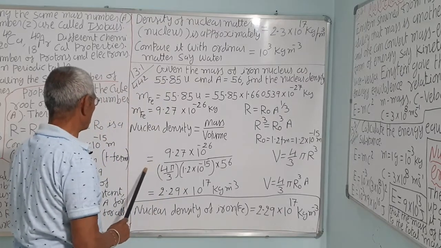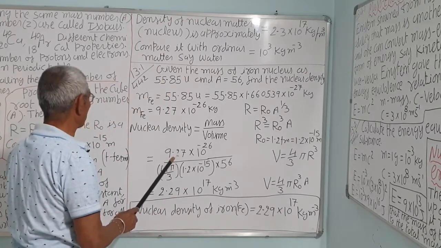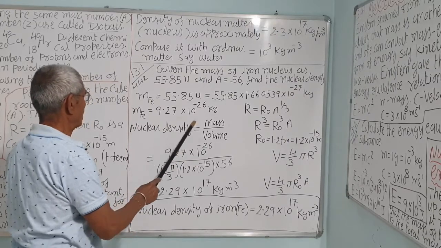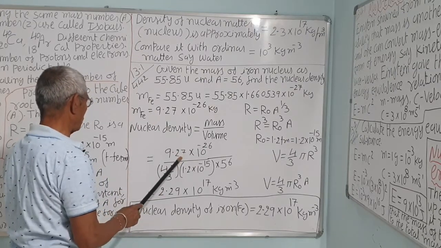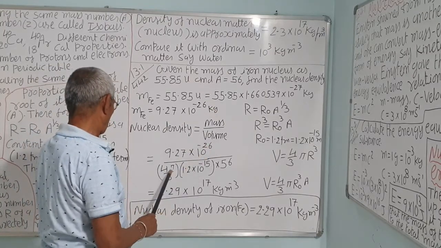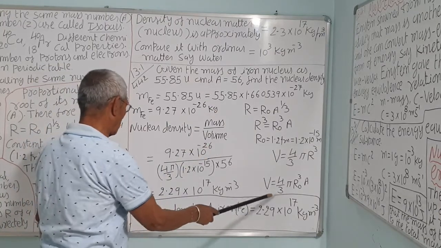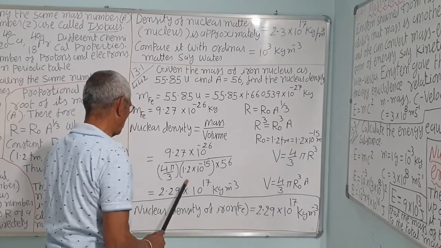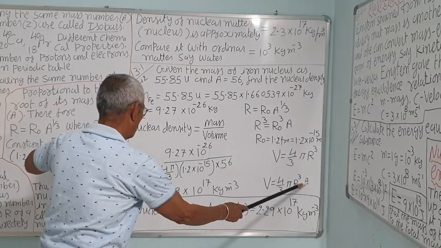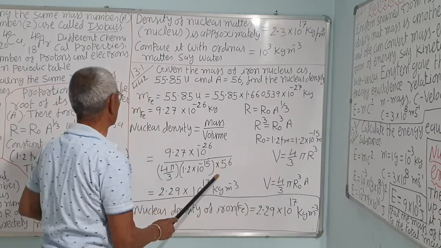So let us put this value in mass upon volume. The mass of iron atom is 9.27 into 10 raised to minus 26 upon volume, that is 4/3 pi R0, that is 1.2 into 10 raised to minus 15 cubed, into atomic mass number, that is 56.